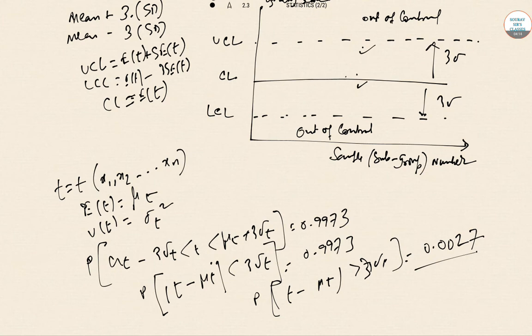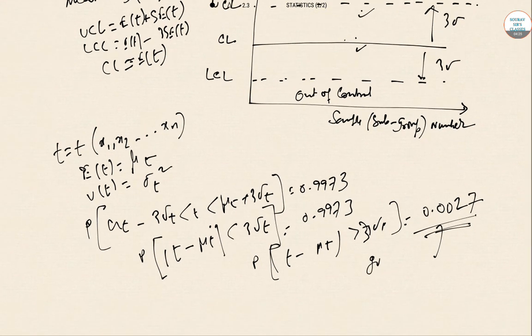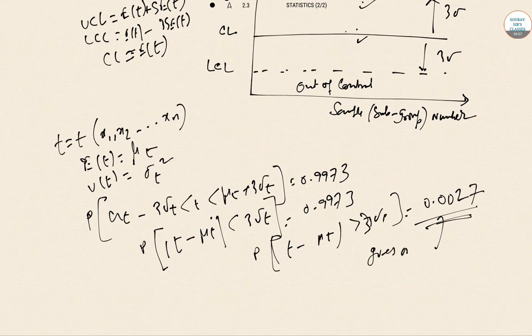So in other words, the probability that a random variable t goes outside the 3 sigma limit is given in this way. So this is all about the control limits of this.